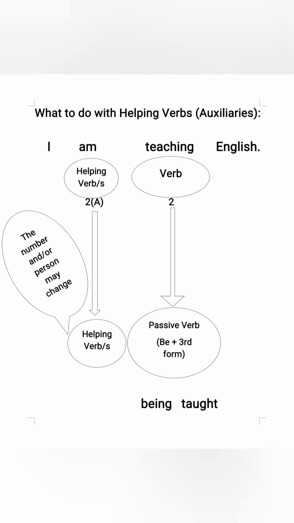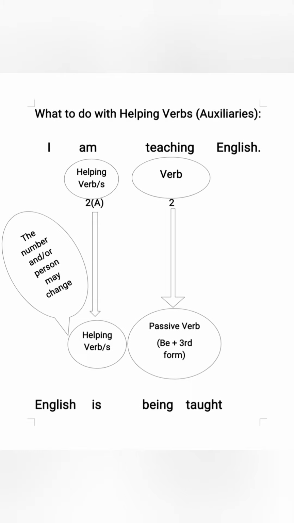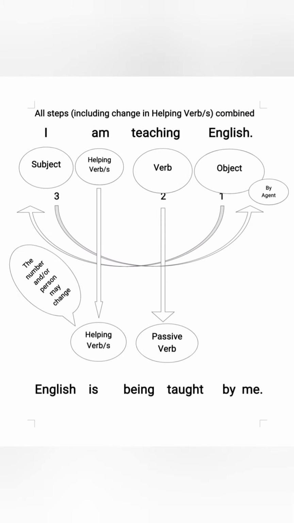The corresponding form of be is being. Being, and then third form of the main verb, taught. Being taught, English is being taught, then I, the subject in active, will become by me in passive. Therefore, the passive of the sentence, I am teaching English is being taught by me.